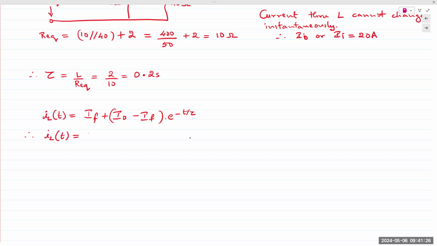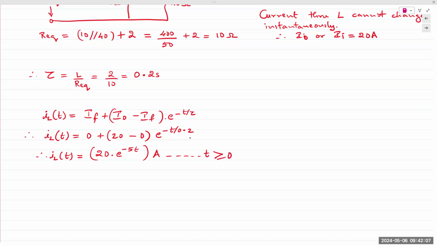IF is 0, so I have 0 plus 20 minus 0 into e raised to minus t over 0.2. And that is my final answer: 20 into e raised to minus 5t. This equation is valid for all values of time t equal to or greater than 0.